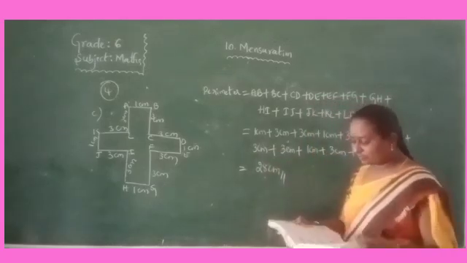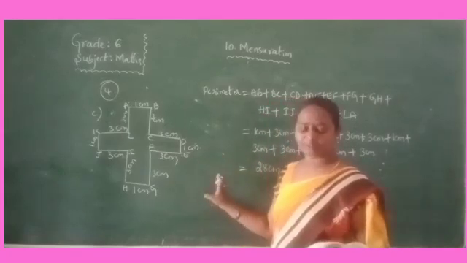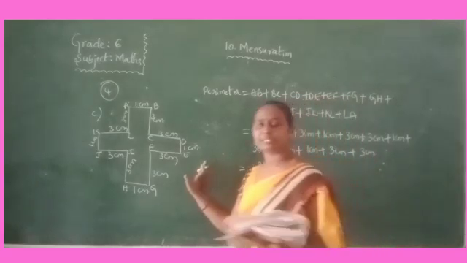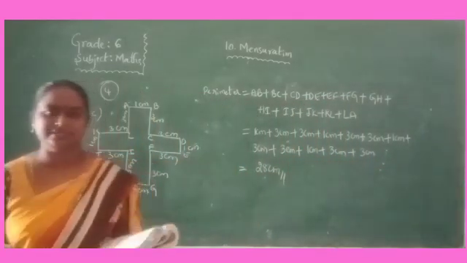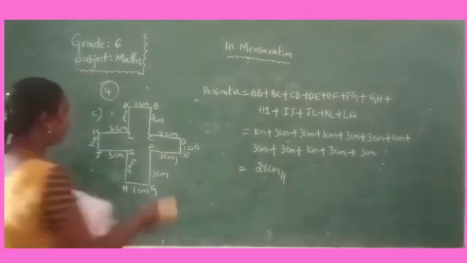Now tell me, what is the perimeter of this figure? 28 centimeters. So like that you have to find the perimeter of any figure. Okay, right. And the last figure is the problem.